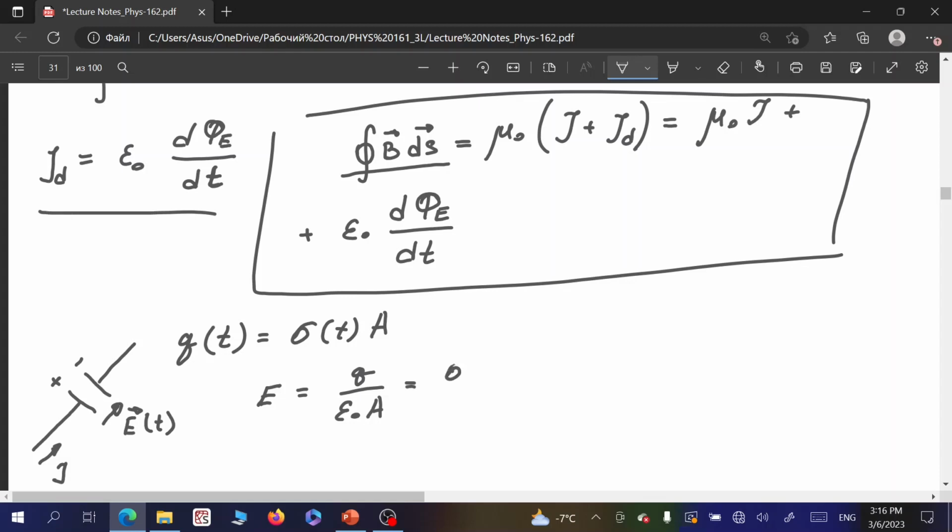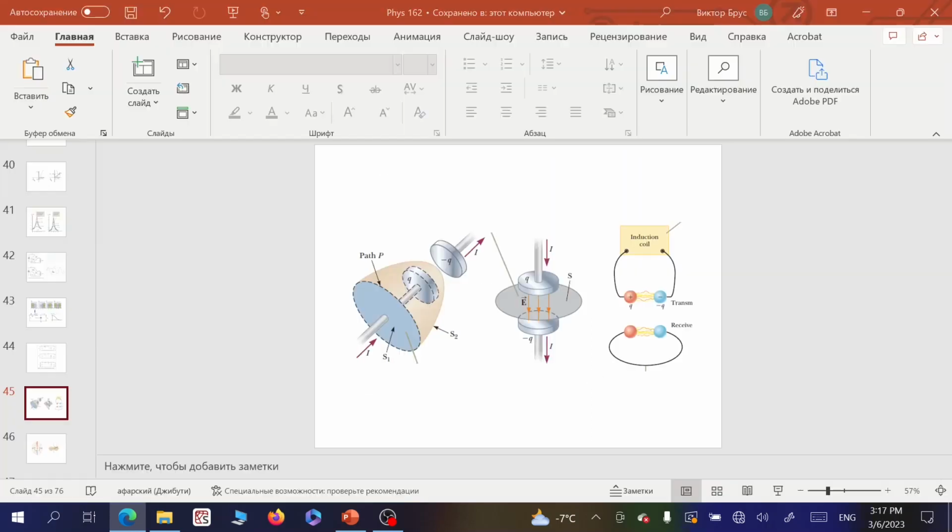What will be the flux of electric field in the case when we consider a parallel plate capacitor?